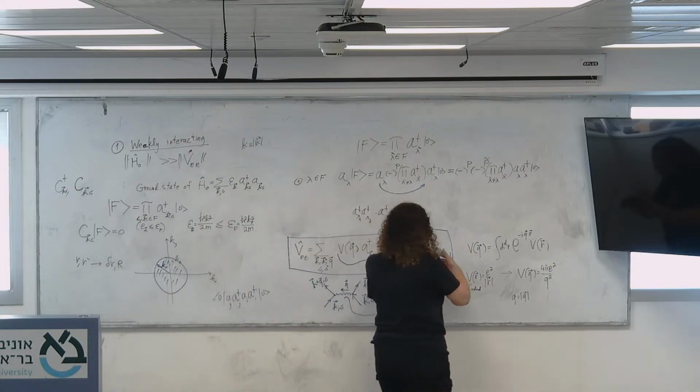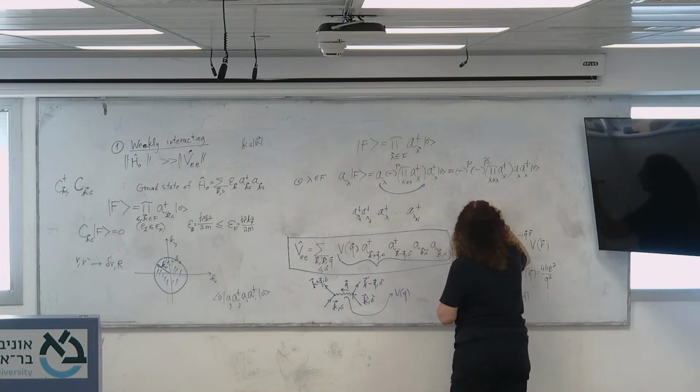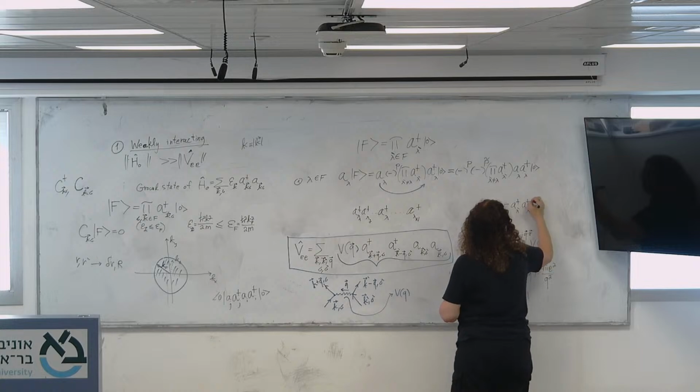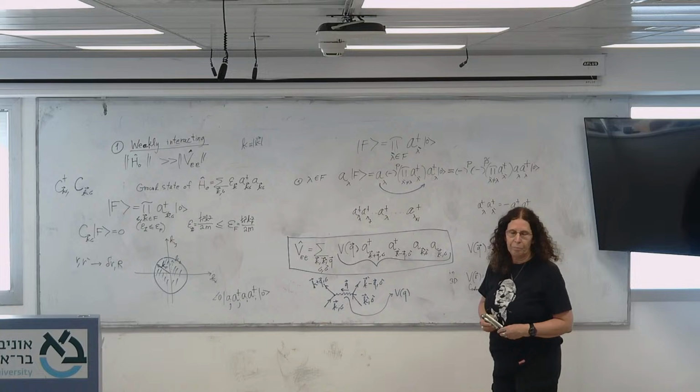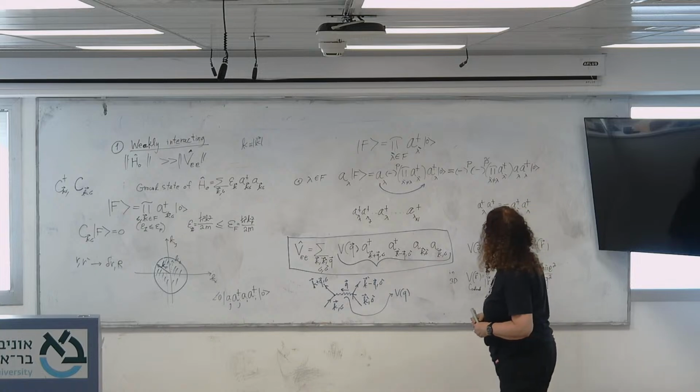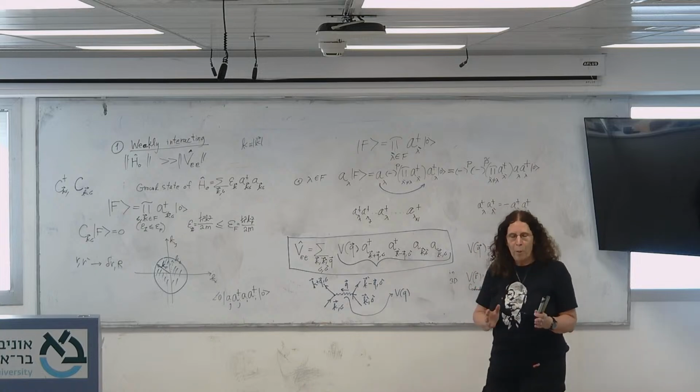Therefore, I always have that a lambda dagger, a lambda prime is minus a lambda prime a lambda dagger. There's no 1. Again, I did two permutations.